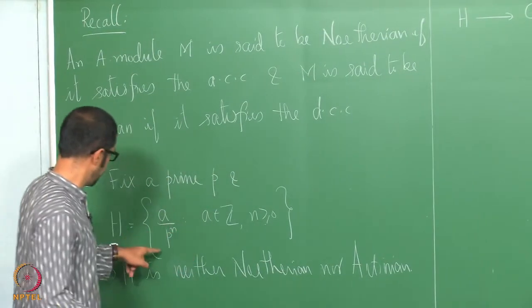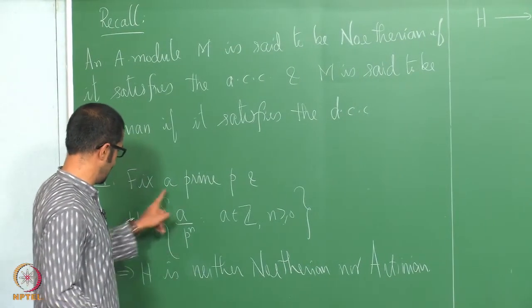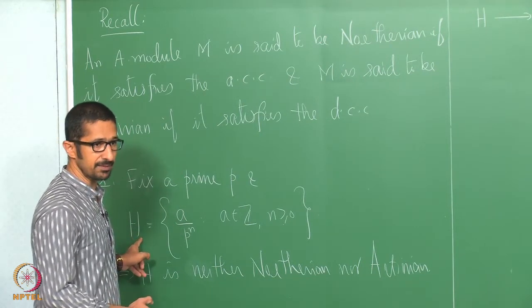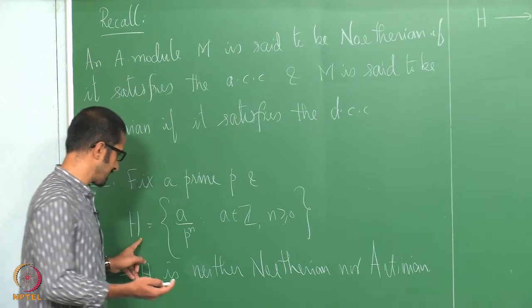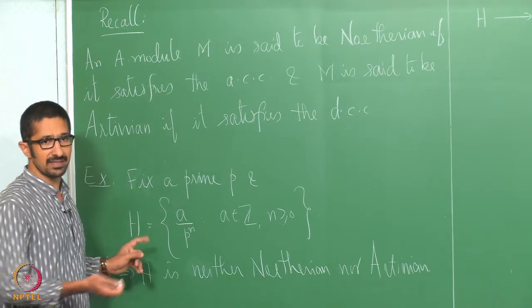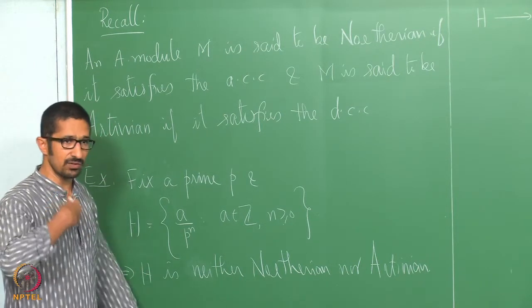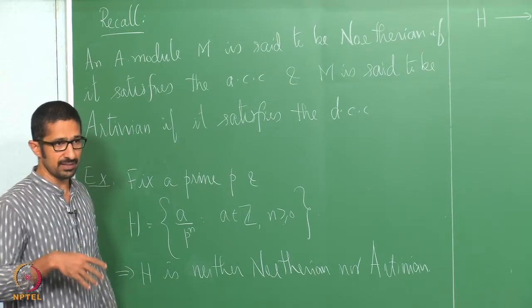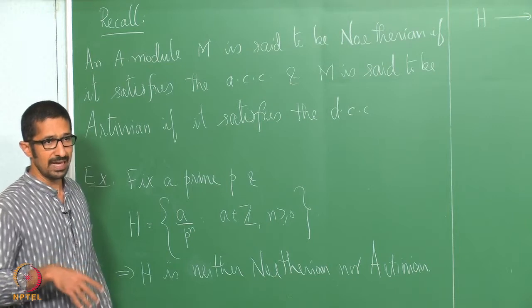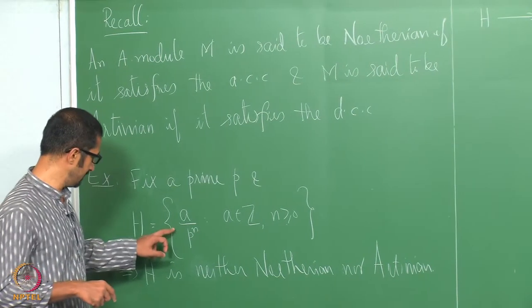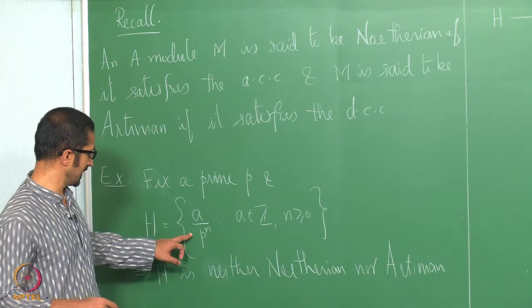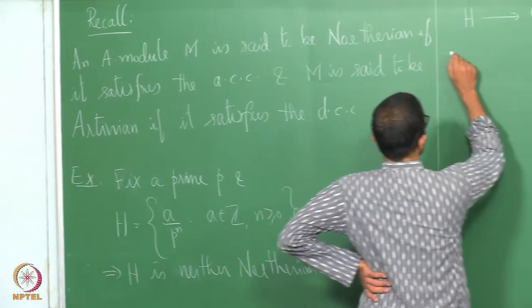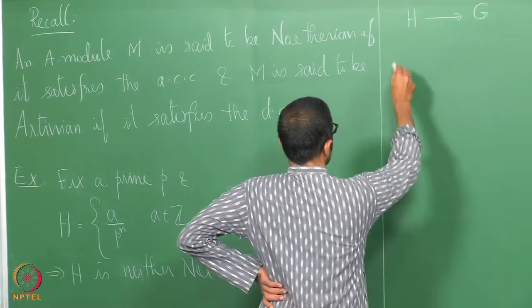What are the subgroups of H? There are no finite subgroups here, because if some a by P power n is there, then m a by P power n is also there for all m in Z. So, you can easily see that one can produce a descending chain.